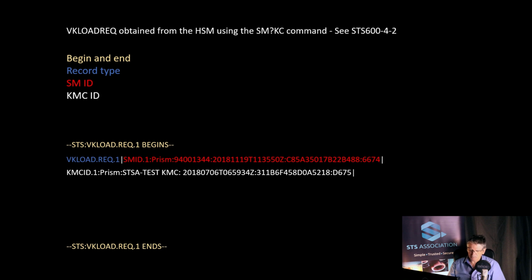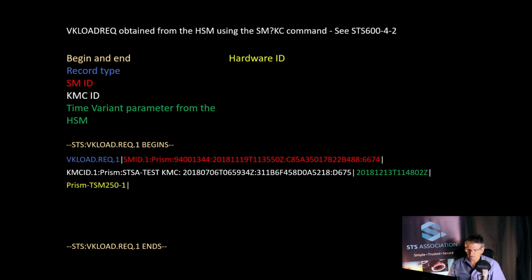In this case, for example, it's the STS-A test KMC. You have a time variant parameter from the secure module, and that is used to timestamp the vkload request that comes through. You have then the hardware ID of the security module.